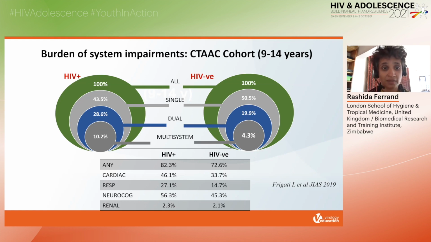And that substantially high prevalence of multisystem morbidities, with the common ones being cardiac disease, respiratory disease, neurocognitive disease, and renal disease. So really something that we need to focus on over and beyond viral suppression in adolescents who have grown up with HIV today.